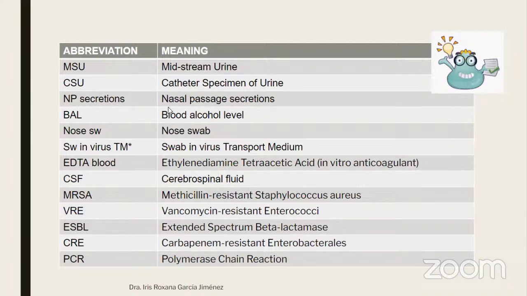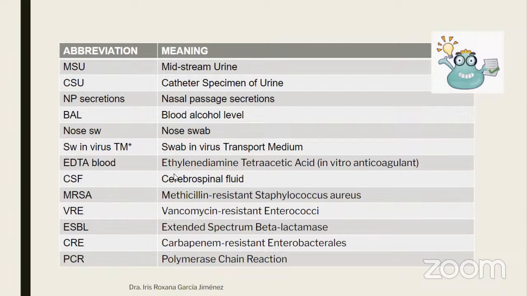NP secretions, nasal passage secretions. BAL, bronchoalveolar lavage. You know, nose SW, nose swab, always swab in this way, SW. SW in virus TM, swab in virus transport medium, okay?